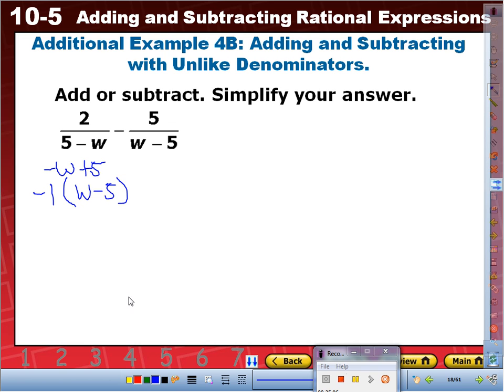So now check this out. What does this denominator need that this one has? Look at it. What does this denominator need that this one has? Negative 1. That means we need to multiply this times negative 1. So I'm going to rewrite this now as one fraction. Check this out. My common denominator is negative 1 times w minus 5.